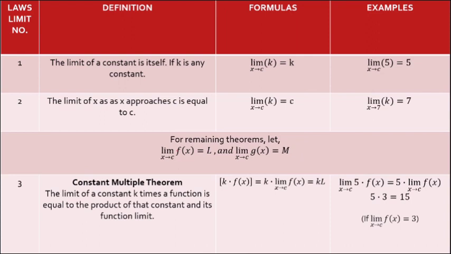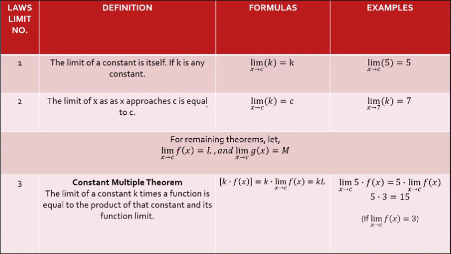First law: the limit of a constant is itself, if k is any constant. So your formula: the limit of k is equal to k. So the limit of 5 is 5.